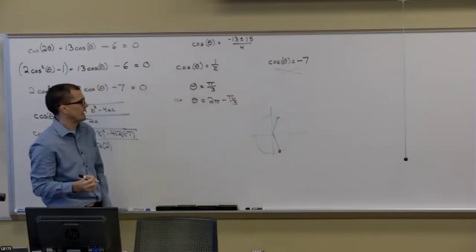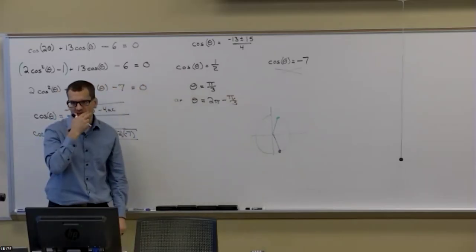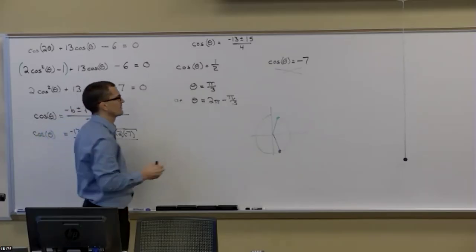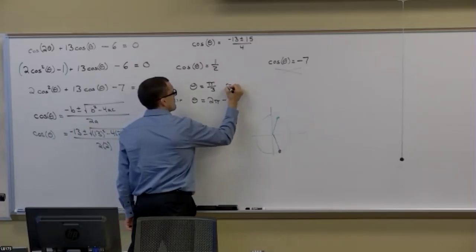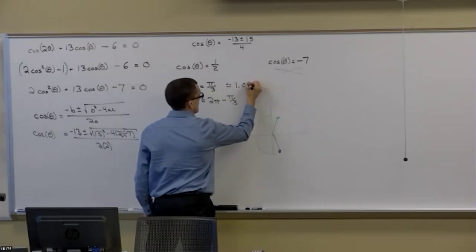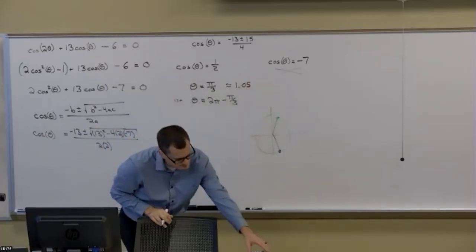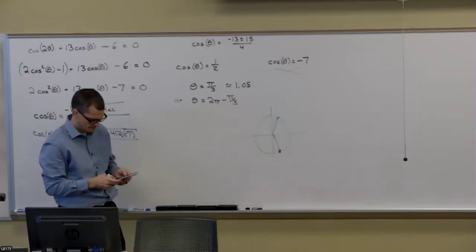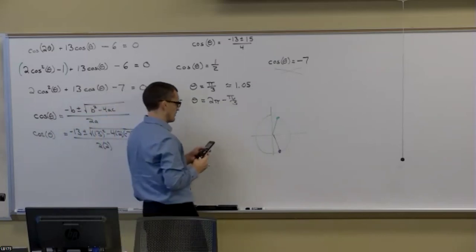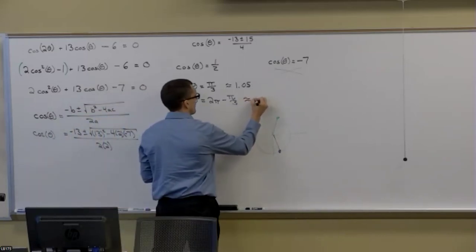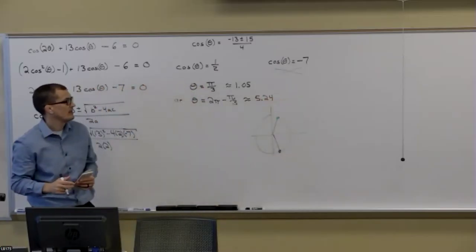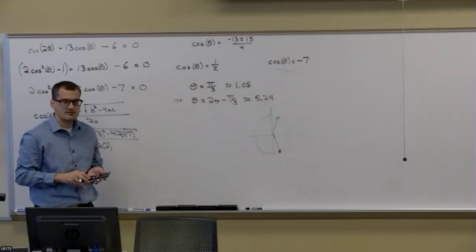And then you write decimal versions of those things in as your answer. So about 1.05, about 5.24.